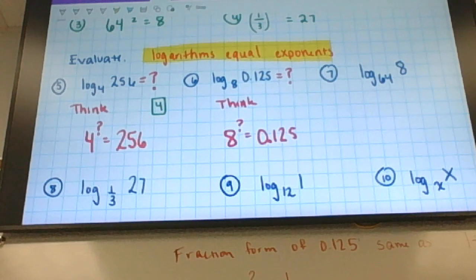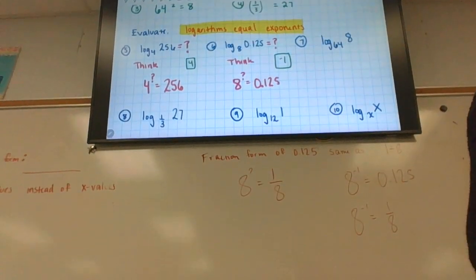So this answer is -1. 8 to the -1 equals 0.125. 8 to the -1 is 1/8. So think about your decimals as fractions. And this answer is -1. I'm going to stop now and let you guys work a little bit on your own.